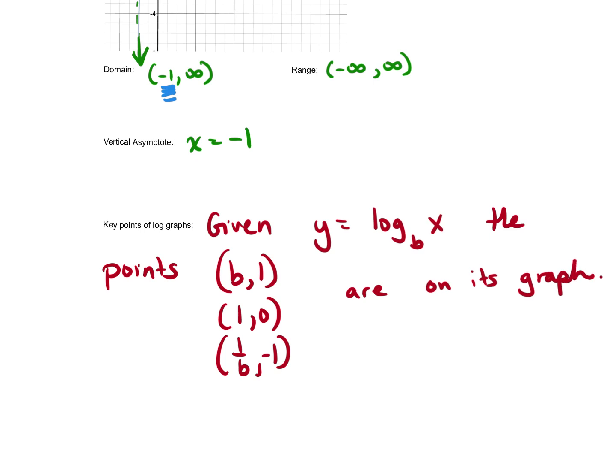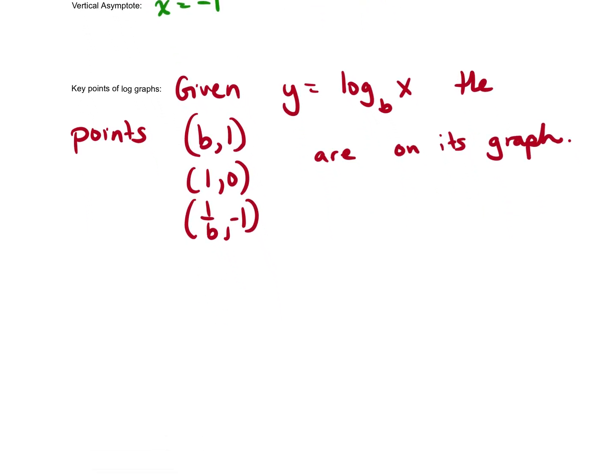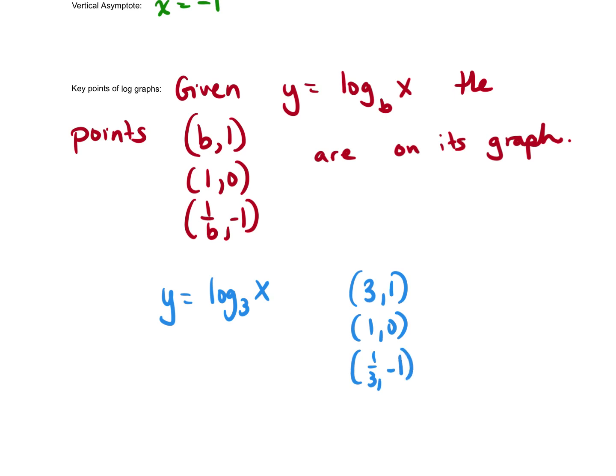Every time. So, for example, if we look at the problem above, it was log base 3. That was kind of the starting point, right? So if I started with log base 3 of x, I know the points (3, 1), (1, 0), and (1/3, -1) are on my graph.